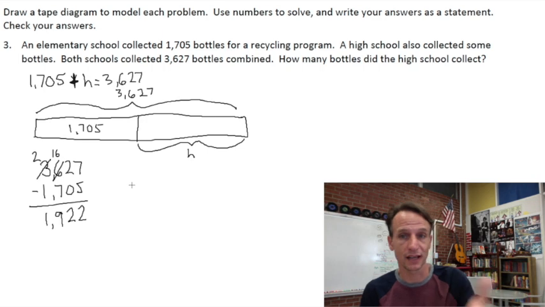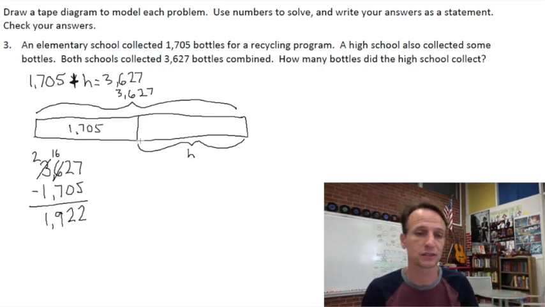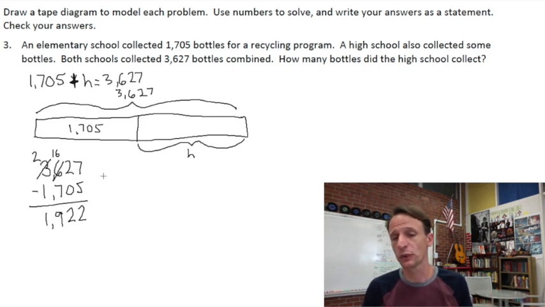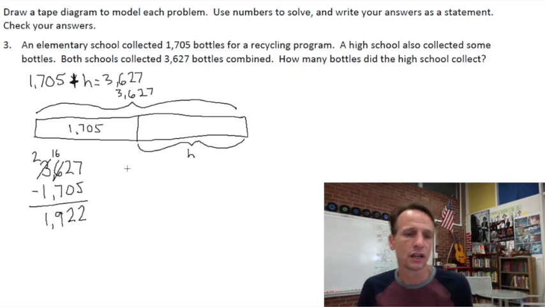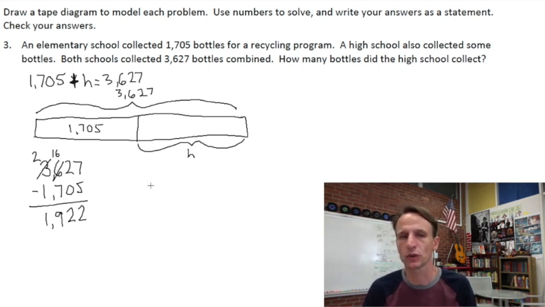Well, this time we are to check our answers, so let's do a real rounding. I'm assuming at this point that you can round numbers no problem. If not, go back to the lesson. All right, so 3,627. Well, if we round it to the nearest 1,000, we could try that. It's easiest. May not always work. Let's give it a shot. So to the nearest thousands, we have 3,000.